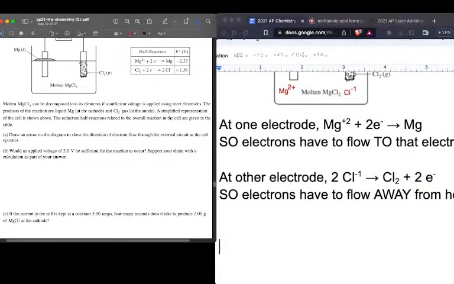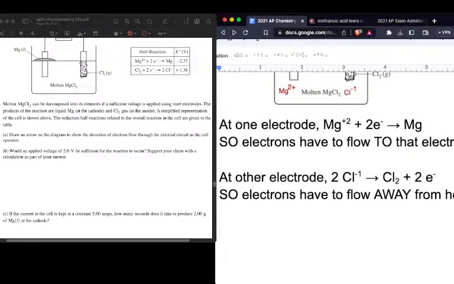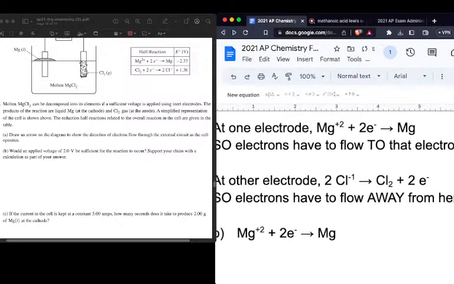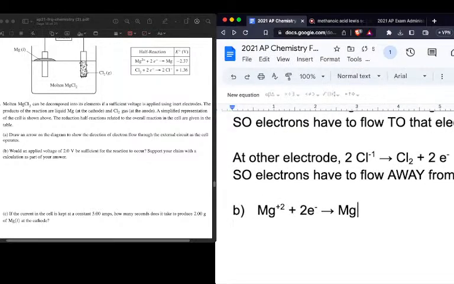Okay, would an applied voltage of 2 volts be sufficient for this reaction to occur? Oh, well, I don't know. In order to figure that out, we'll have to figure out what the total voltage of this reaction is. This is question B. This reaction that they gave us has an E of negative 2.37.